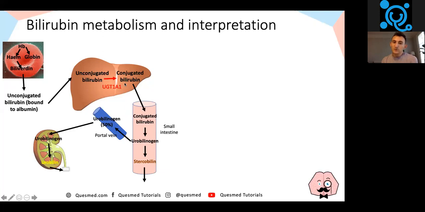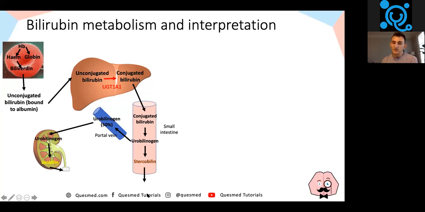This conjugated bilirubin then goes through the biliary system, so through our bile ducts, and into our small intestine via the ampulla. And then the conjugated bilirubin in the small intestine gets converted into something called urobilinogen. And then about 50% of the urobilinogen is converted into stercobilin. And stercobilin is what makes our stool dark.